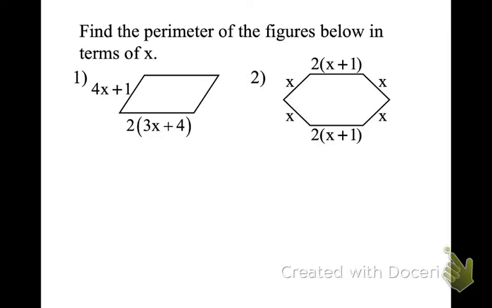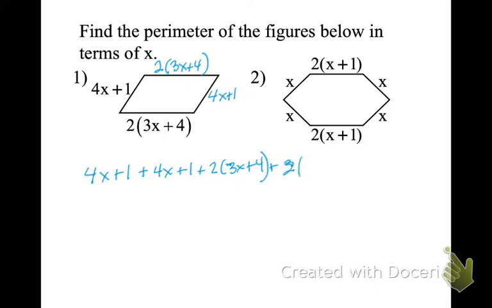Now, hopefully you realize that this also is 2 times 3x plus 4. And this is 4x plus 1. So we are adding up 4x plus 1 plus 4x plus 1 plus 2 times 3x plus 4 plus 2 times 3x plus 4.